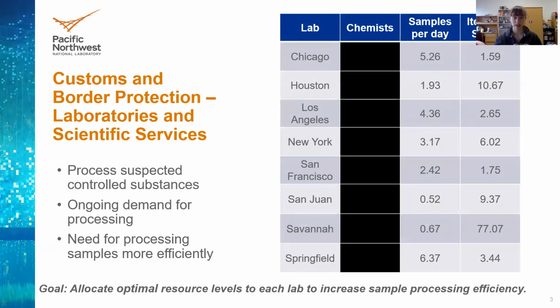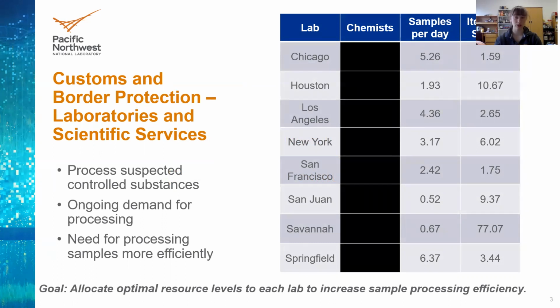Risk, in this case, is how we quantify how efficient these labs are at processing the samples they receive. So high risk is correlated with low efficiency at processing these materials. We could guess and check, assign chemists places and then see how efficient we're doing, and play around with it that way.